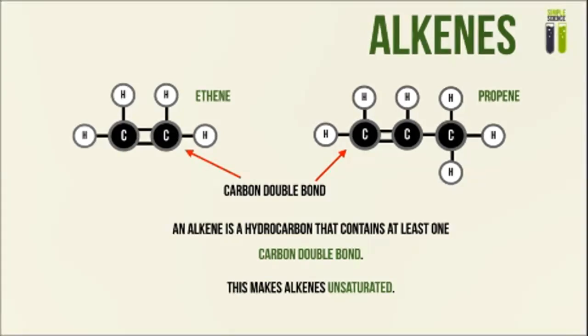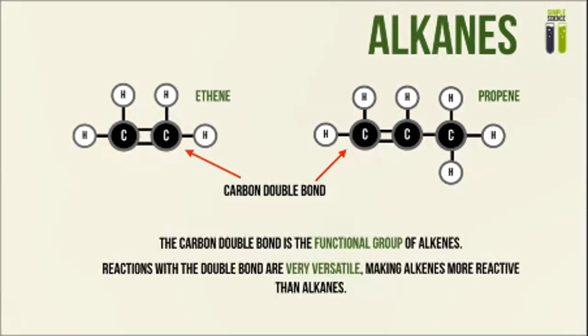And this group, this double bond here, makes the alkene unsaturated. In other words, it can undergo further reactions as a result of the double bonds, okay? Now, the double bond is the functional group of the alkene, and therefore it is where reactions mostly take place for alkenes.